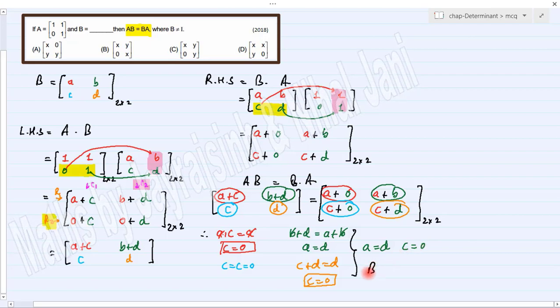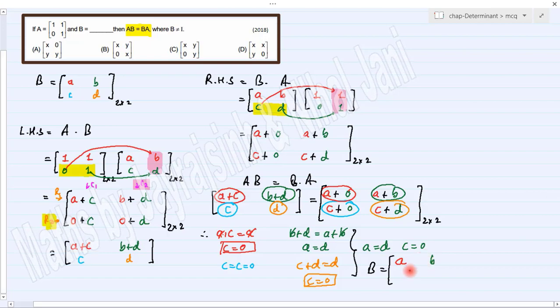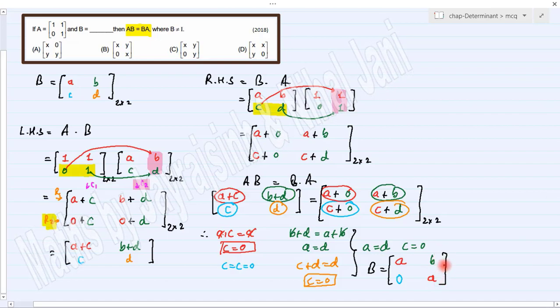So we can say your matrix B will be converted into A, B, your C must be 0 and D must be A. So any matrix which is in this form is your final answer, which is given in only option B.